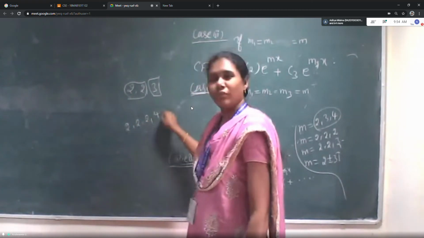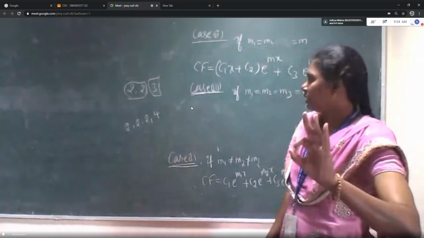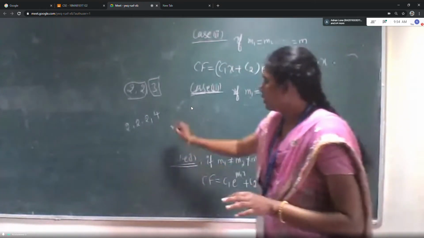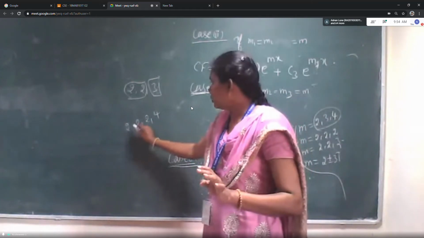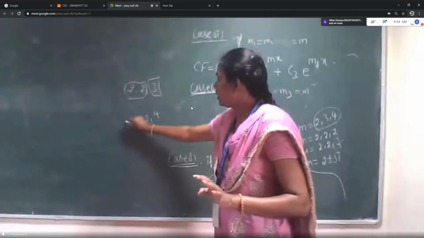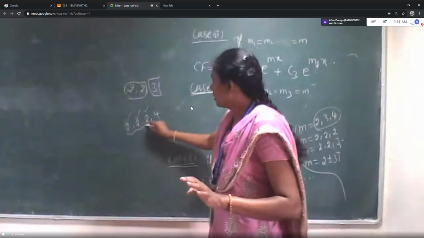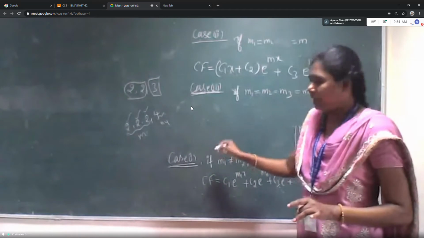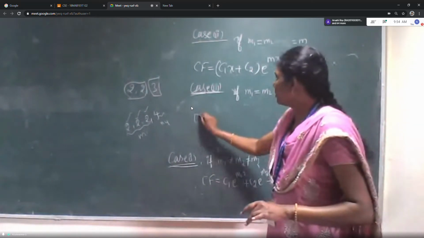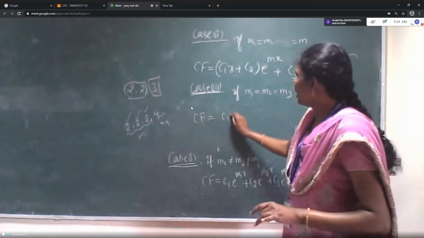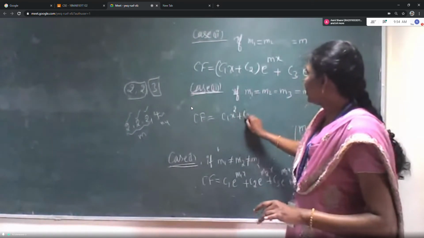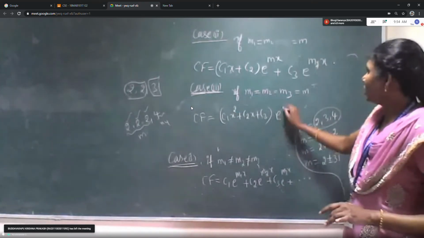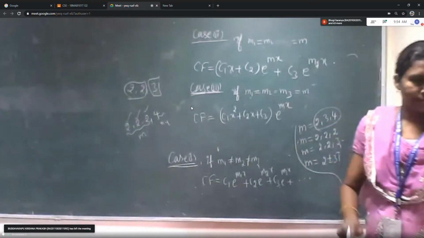For example, 2, 2, 2, 4. Maximum a third order equation only will come. Say I am telling 2, 2, 2, 4: M1, M2, M3 is M, and this is M4. Therefore, the complementary function will be (C1 x square plus C2 x plus C3) into e power mx.